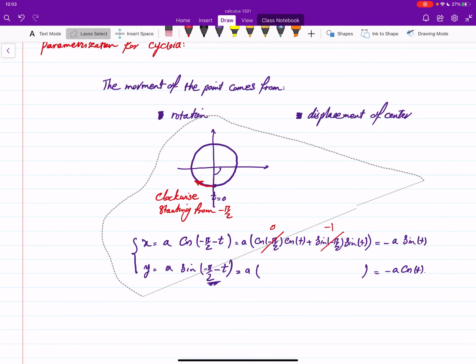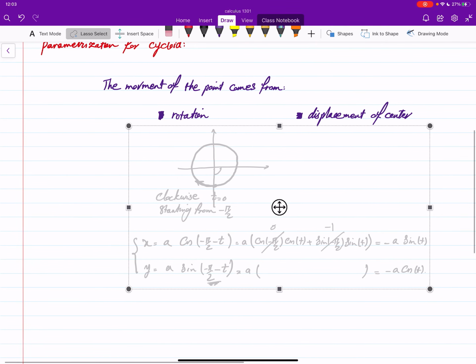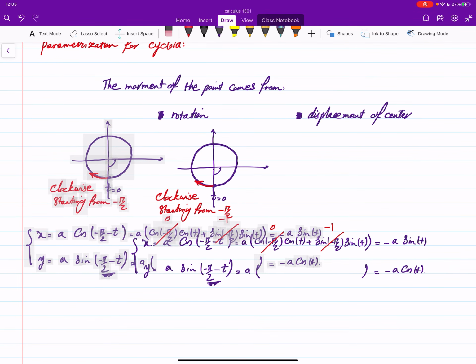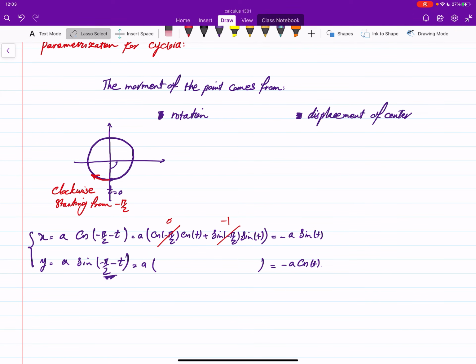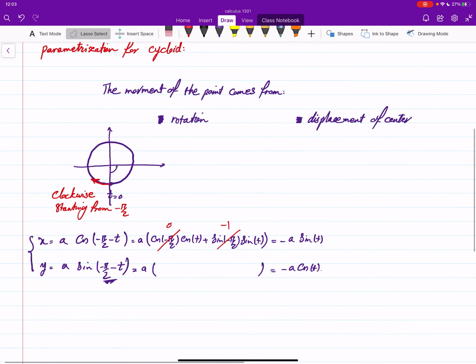How about the displacement of the center? It is important now to see how the center moves. For that part, you need to see that the center moves with constant speed.